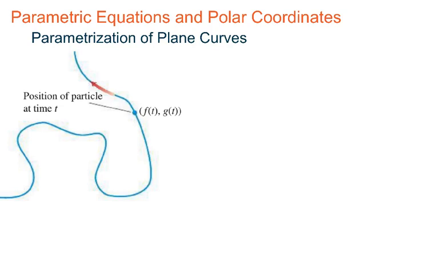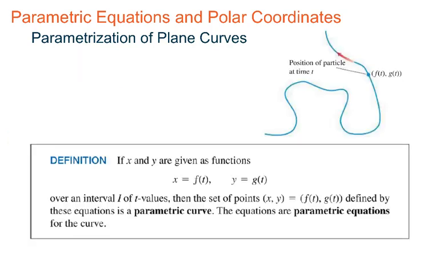So let's look at the definition. Here I've pulled in our definition. If we have two functions, an x, maybe we'll call it f of t, a function of t, and y, g of t, a function of t as well, and we look at them on a closed interval of t values.